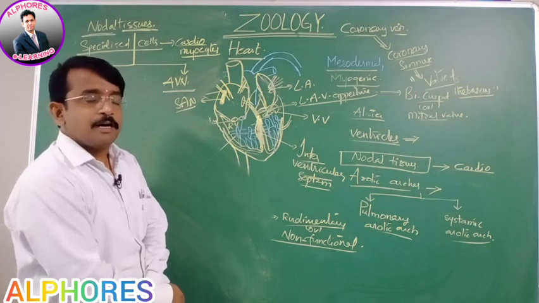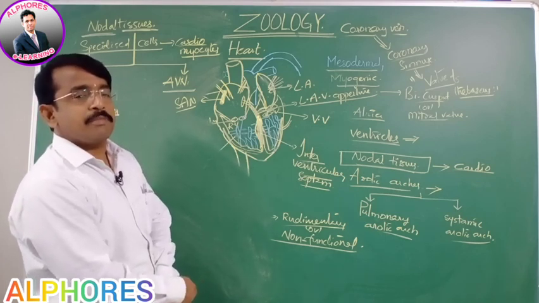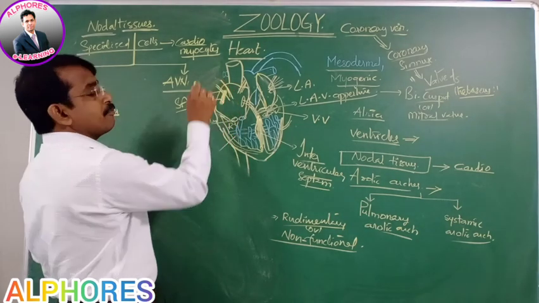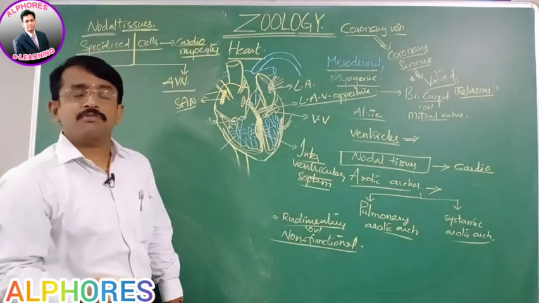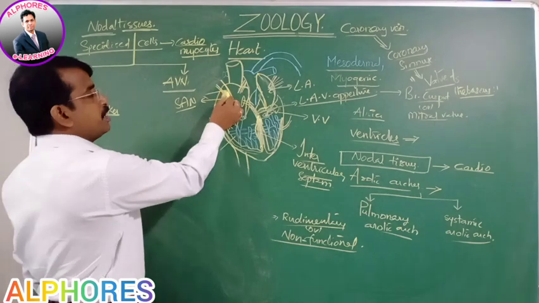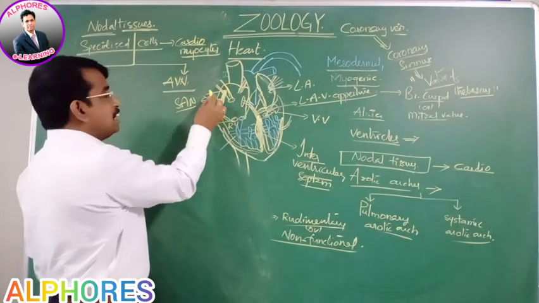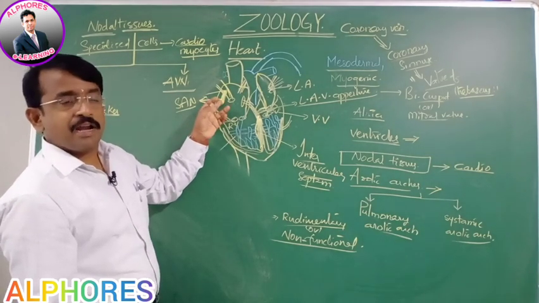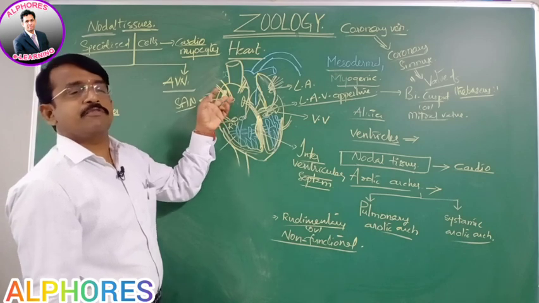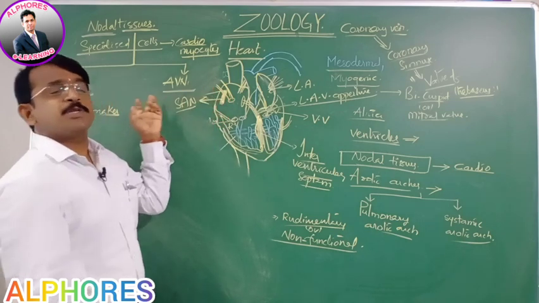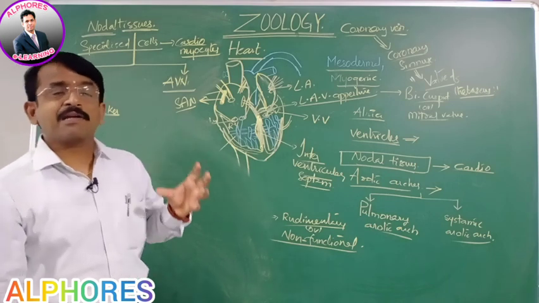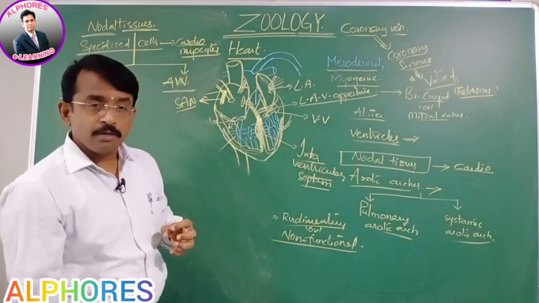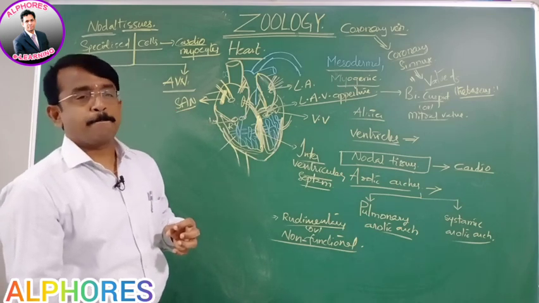I repeat, the precaval veins bring the blood from different parts of the anterior region. Superior vena cava and precaval veins are the same. Nearer to that opening, the SAN is located at the right upper corner of the right atrium. It acts as a pacemaker as it initiates the heartbeat. That's what it is, a pacemaker.